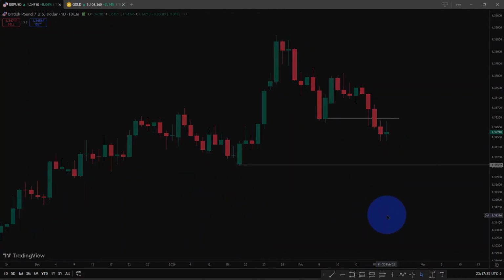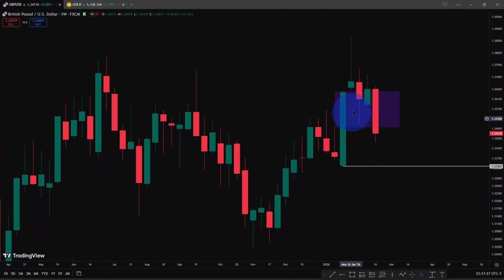So on pound, we have something here. We have this inversion gap, and we have the volume imbalance on pound, and we could see the markets open up and make a retest of this inversion fair value gap, and after the market engages the inversion fair value gap, we could then see the market begin to sell off.